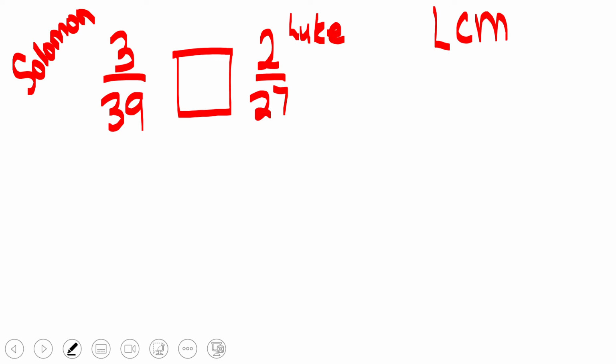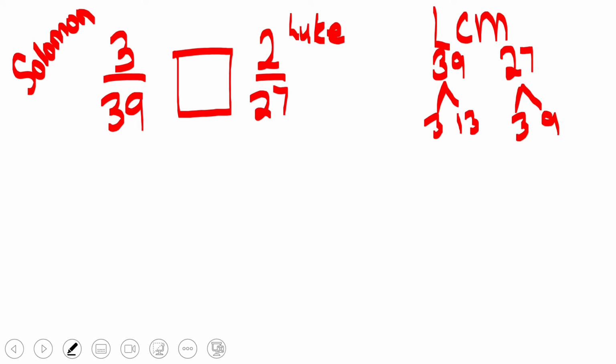In our LCM, let's break down 39 and 27. This is 3 and 13 in the prime factors. This would be 3 times 9, 3 times 3. So 3 times 3 times 3 is 3 to the 3rd power. 3 times 13 here.